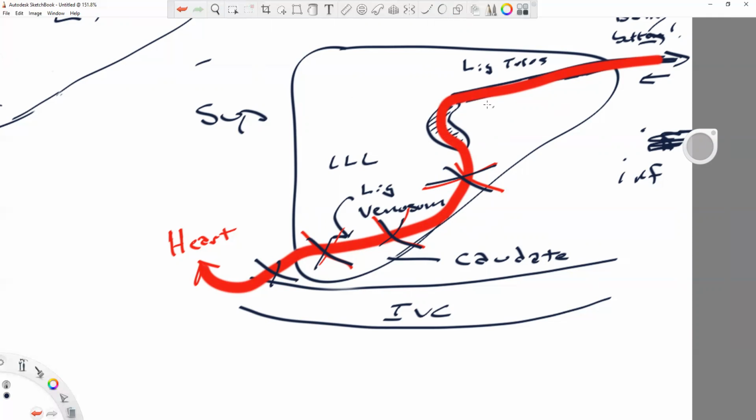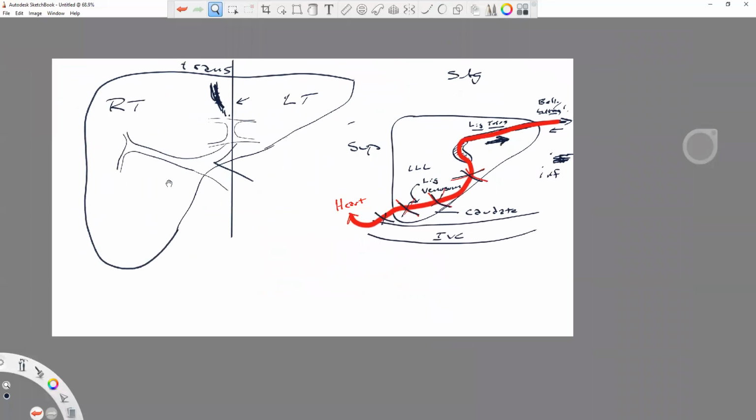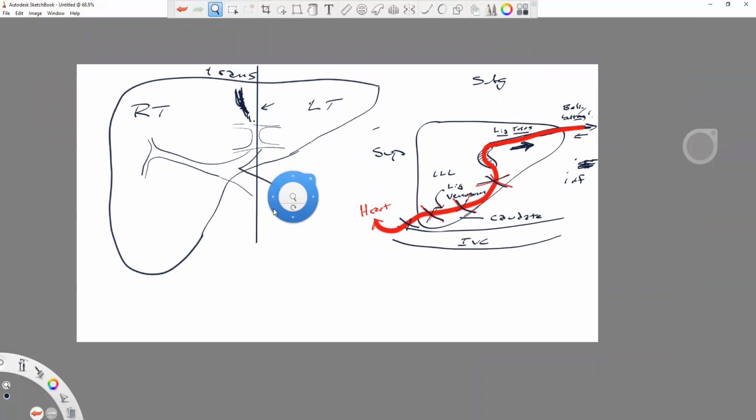It's not a word, but the ligamentum teres, or the umbilical vein, and now blood will actually travel the other direction to the belly button in order to decompress the liver. So that's really why we care about the ligamentum teres. We also care about it because you don't want to be confused with the ligamentum teres and call it a tumor. It's not a tumor.